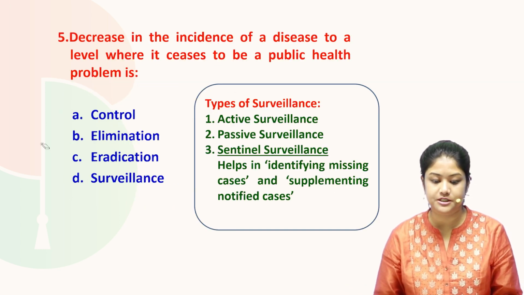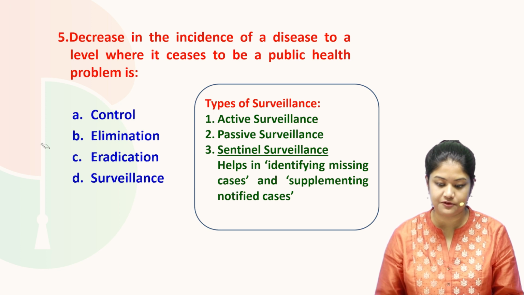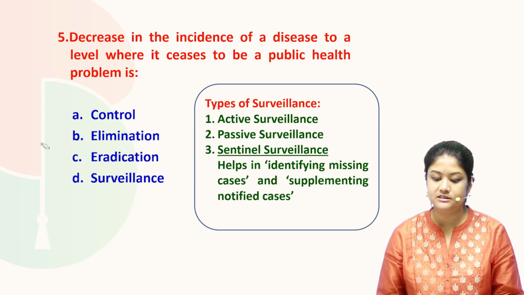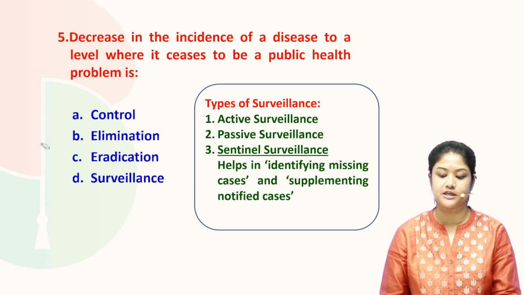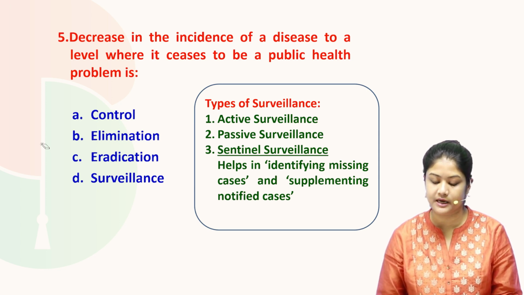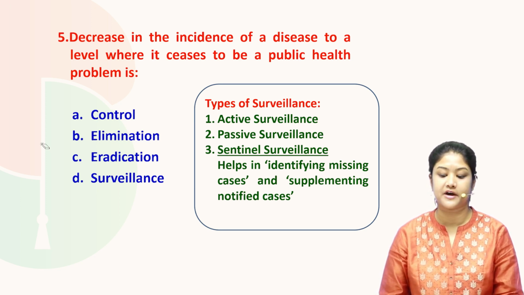Another probable question that may be asked from these kind of questions is, our option D is surveillance. So we may be asked about different types of surveillance, that is active surveillance, passive surveillance, and sentinel surveillance. And one more important question and most frequently asked is about sentinel surveillance, that is, it means sentinel surveillance helps in identifying missing cases and supplementing notified cases.